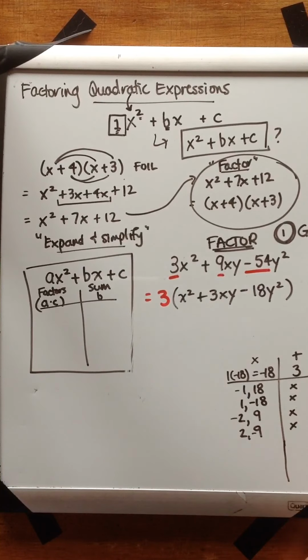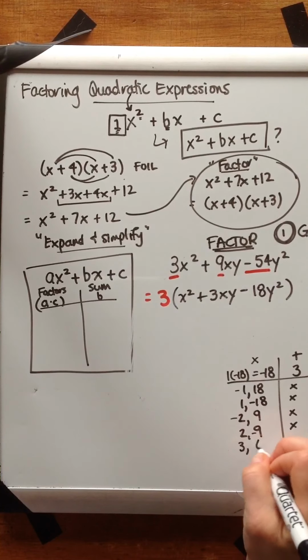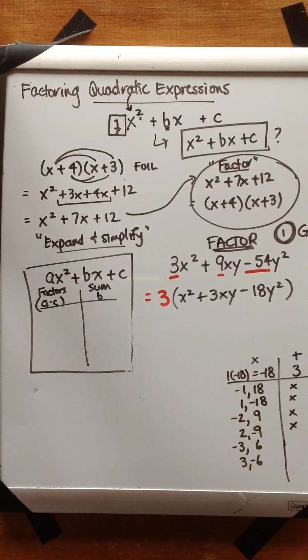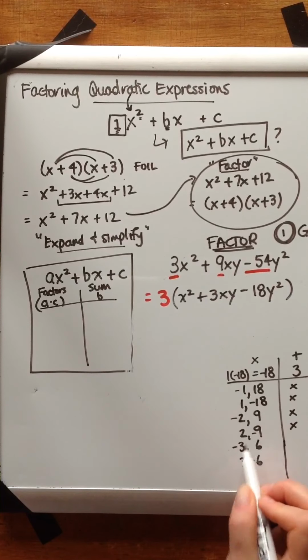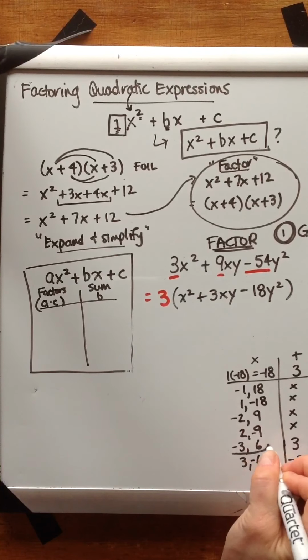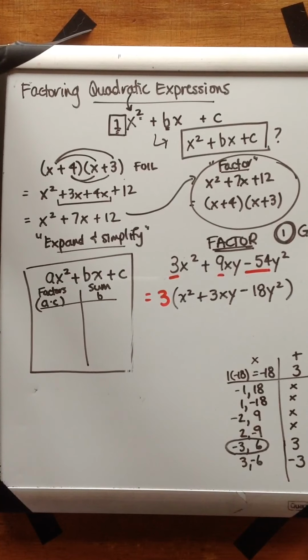I then look to, how about 3 as a factor? 3 and 6. Let's let one of them be negative and one of them be positive and try both options. When I add these together, I get positive 3. Down here, I get negative 3. So here are the two factors that I want to include in the answer of my polynomial.